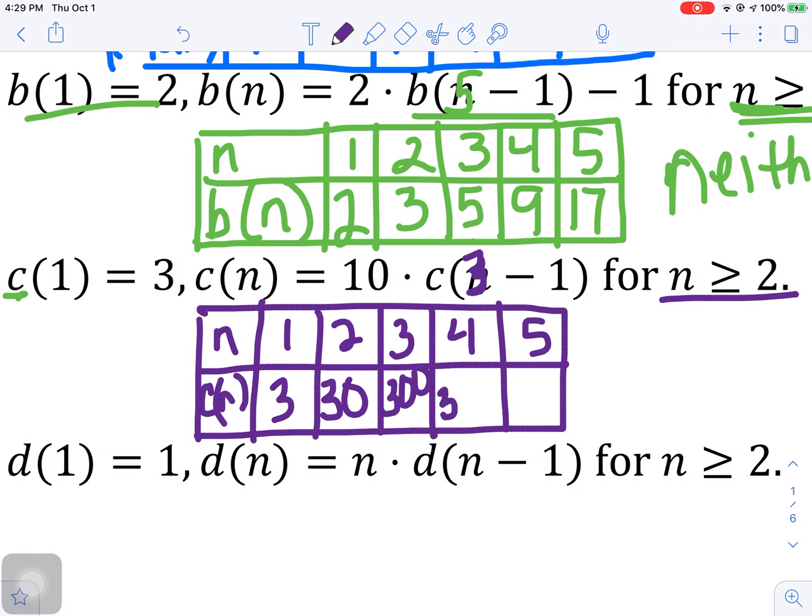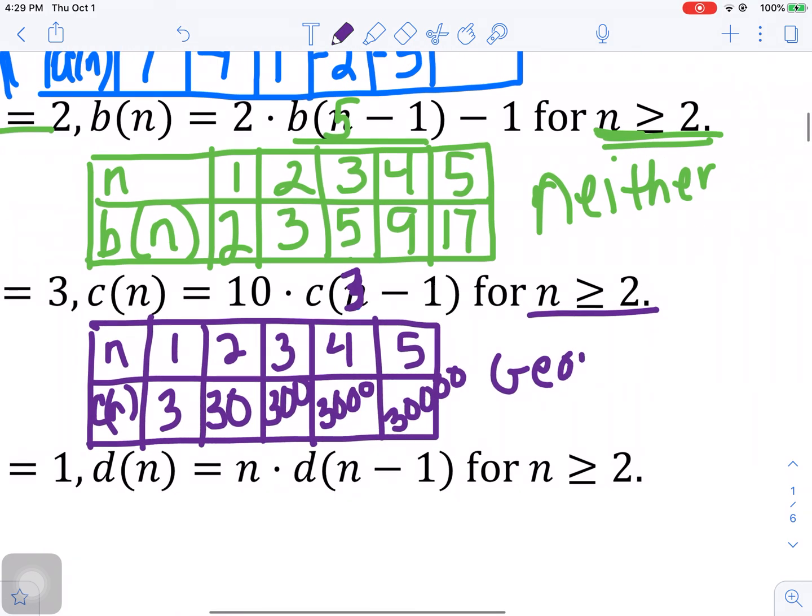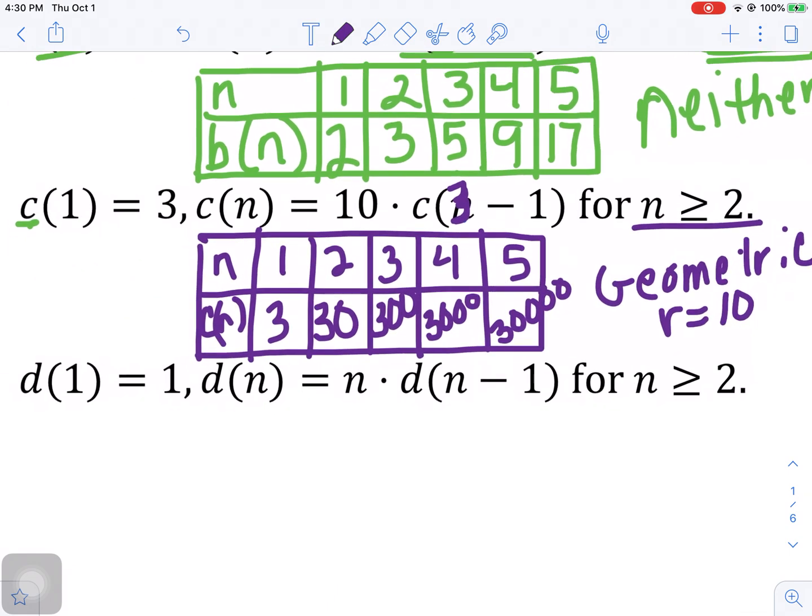And this is just going to keep getting multiplied by 10. Okay? So this is geometric because we're multiplying, and we're multiplying by the same ratio, the same 10. So this would be geometric, and r would be 10.